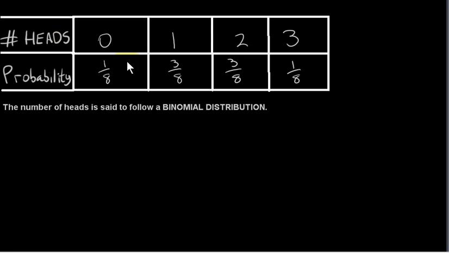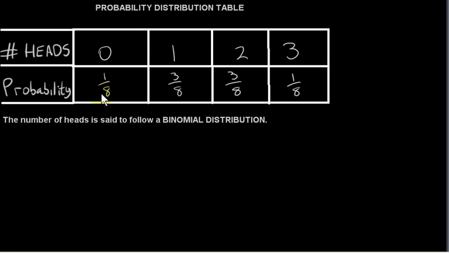Here is a probability distribution table for the number of heads showing in 3 throws of a fair coin. If a coin is thrown 3 times, well, it has to show either 0 or 1 or 2 or 3 heads. So the probabilities must sum to 1. That's true for any probability distribution table.